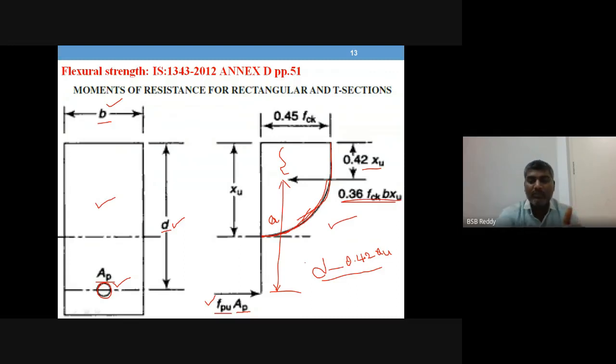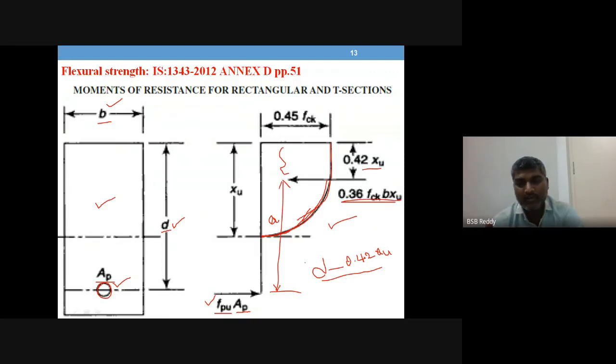The tensile force acting towards the right and the compression acting towards the left both develop a moment. That is what is called moment of resistance.